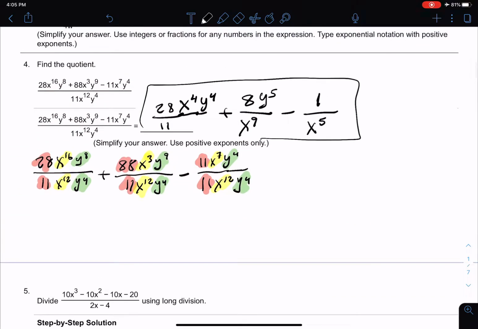So far we've been dividing by a monomial, and this is a nasty monomial on this one. And what do you do with that? Well, you just break the fraction down into its individual terms divided by the denominator or the divisor, and then reduce each one of them.